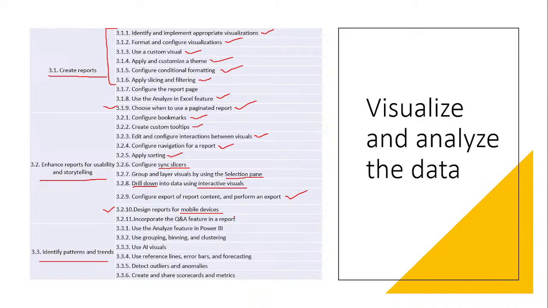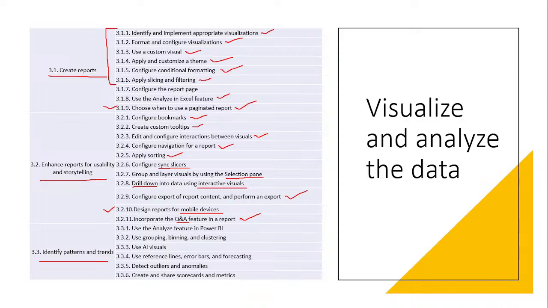Power BI mobile devices. How you can incorporate the question and answer feature in the report, just like the AI tools you all are using. How you can configure it, how you can design the QA feature into it.